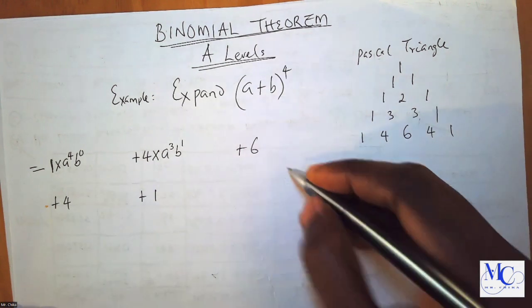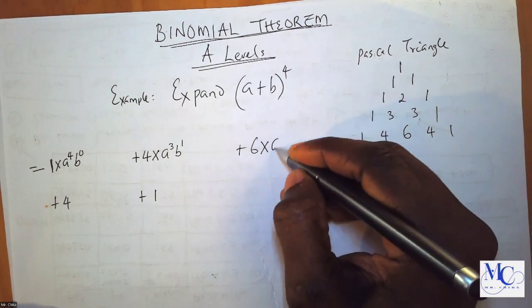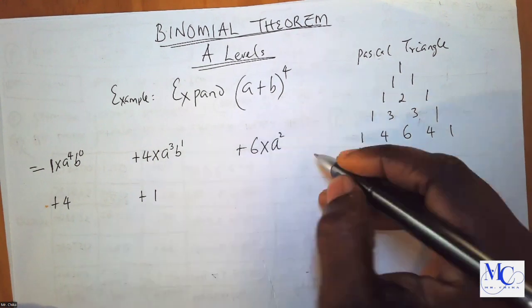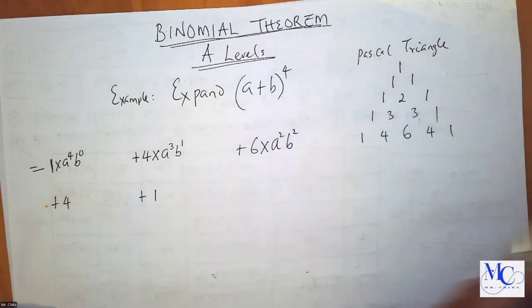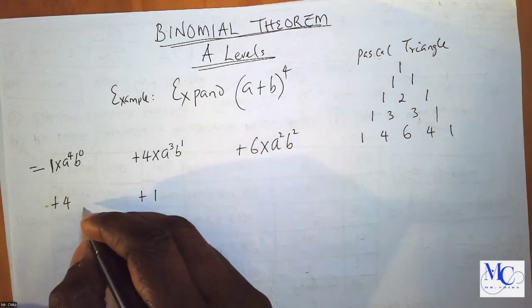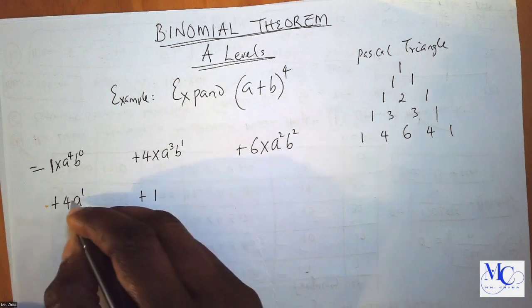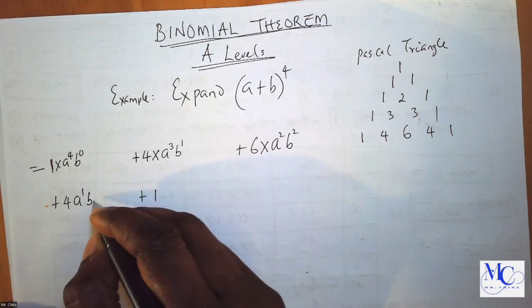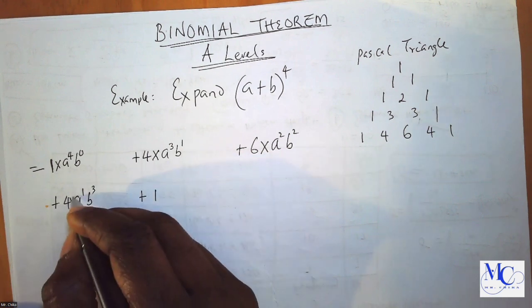The next bit, you already guessed it: 6 times a to the power of 2, decreasing, and b increasing to the power of 2. Then 4 times a to the power of 1 and b to the power of 3.